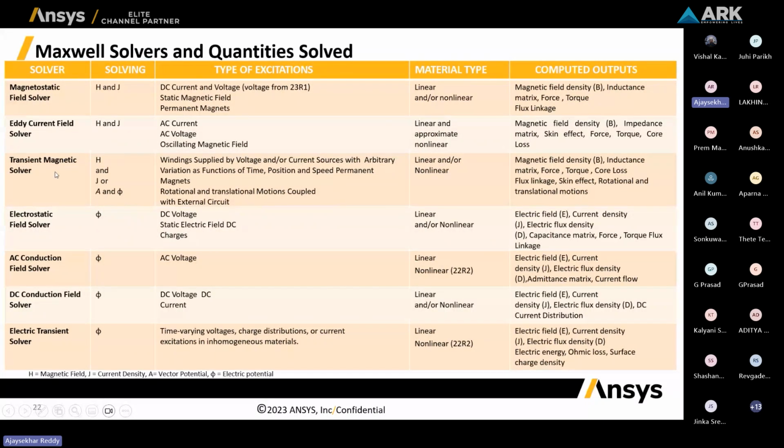Based on the type of excitation you give, you will be able to calculate inductance, resistance, and so on. In all three cases, Maxwell by default can calculate the inductance of the winding. But calculation of resistance is done in the eddy current analysis only. Only this solver has the feature to calculate the resistance directly.